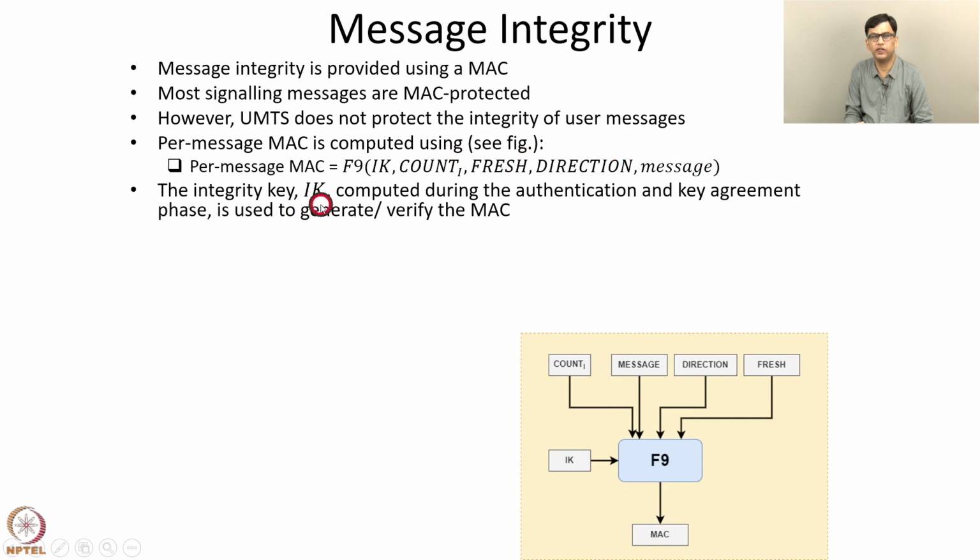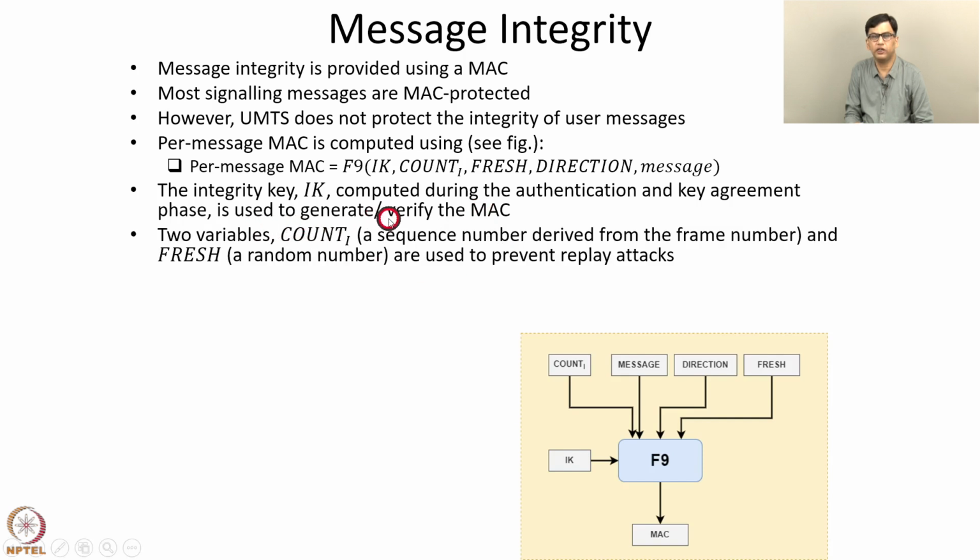So this integrity key ik, which was computed during the authentication and key agreement phase, is used to generate and verify the MAC. So clearly, in the message authentication code, there must be some secret which is known only to the two entities who are sending the message. So this integrity key is a secret known only to the cell phone and the network.